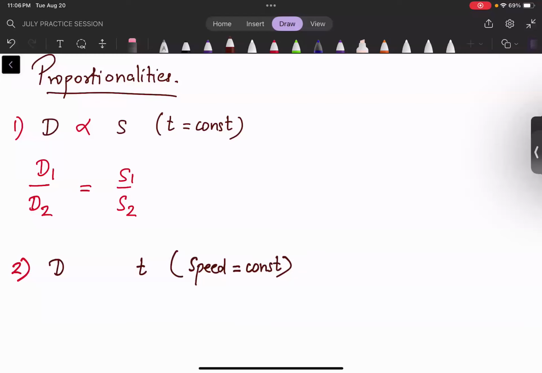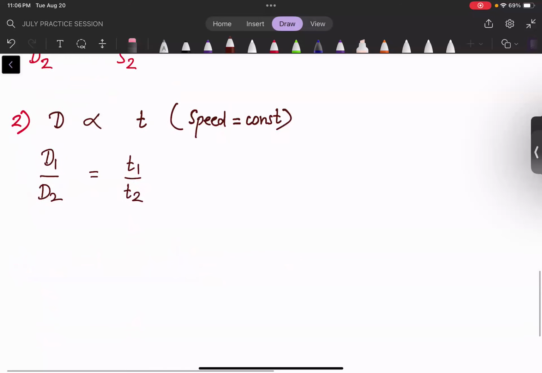Think it this way: more distance will take more time or less time? Increase a value and think whether the other value will increase or decrease. If distance increases, time also will increase. If distance decreases, time taken will also decrease. So direct. Okay, so again, I will write d1 by d2 and t1 by t2. Okay. Now third one.